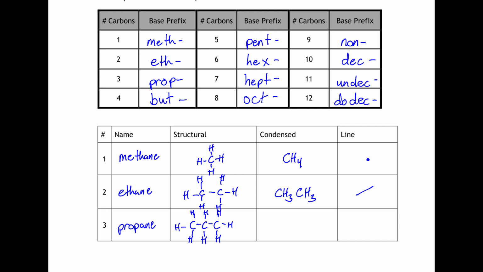It's an omission, I guess we'll call it. This one is similar to the one we did in our example. CH3, CH2, CH3. And the line diagram is one of those.